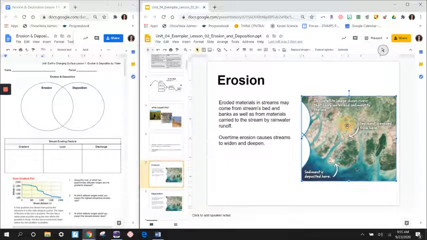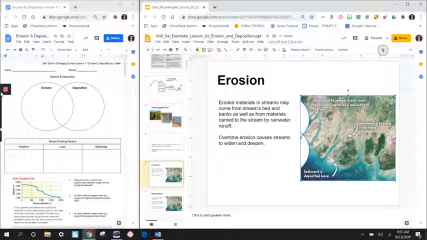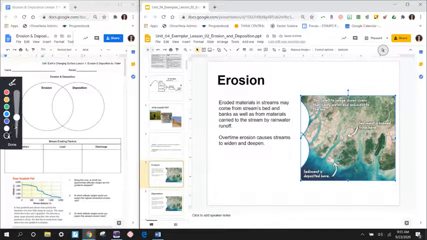So up here towards the top, close to the top, is where that erosion is happening. It's happening as material is brought in from land, and it's also happening in the stream bed itself.